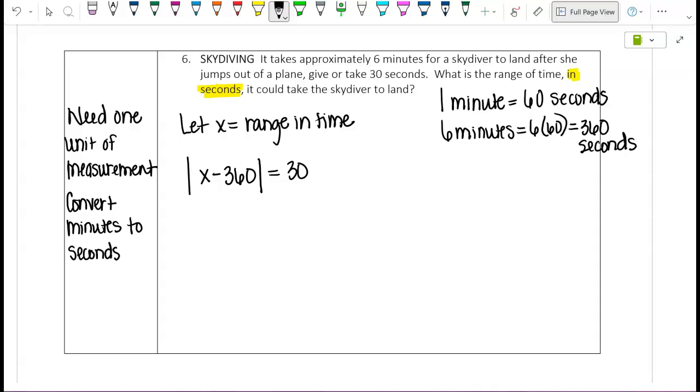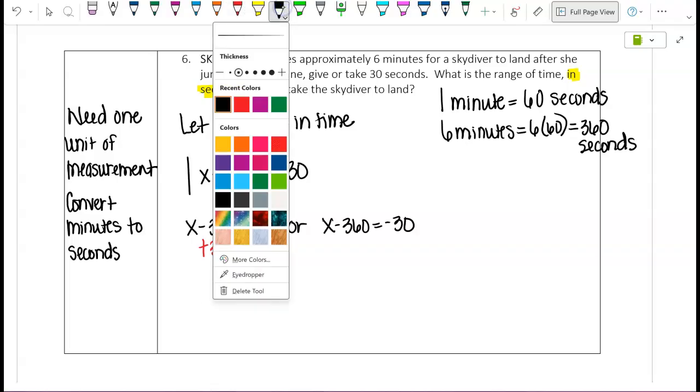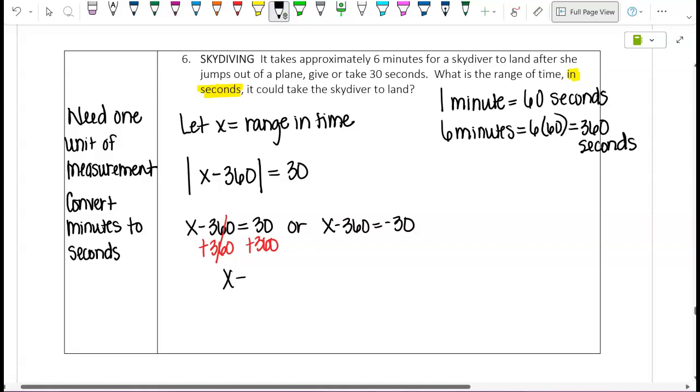So now I have two problems to solve. X minus 360 equals positive 30, or x minus 360 equals negative 30. So I need to add 360 to both sides. So for this first one, we get x equals 390.